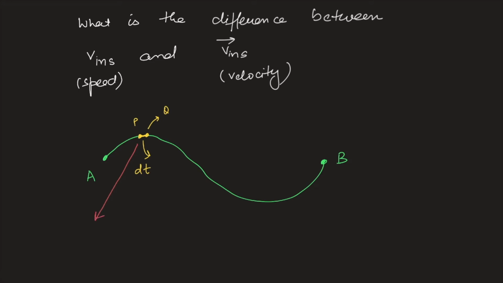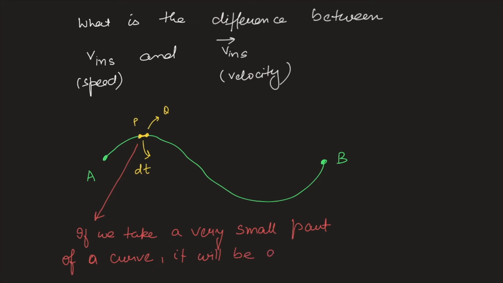If we take a very small part of a curve, it will be approximately a straight line.